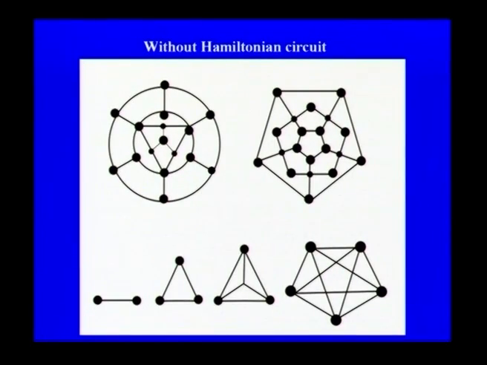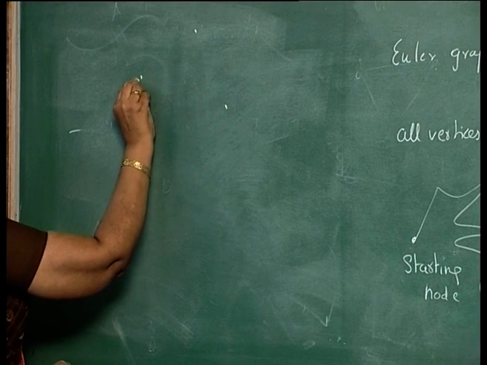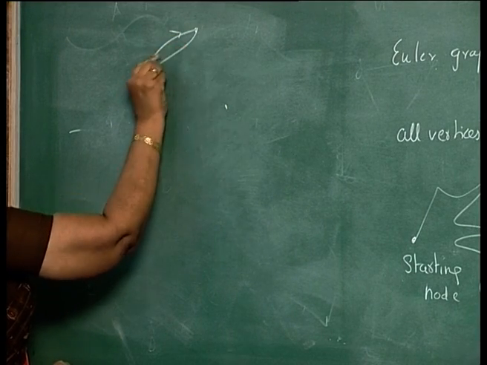A complete digraph we have seen. When we considered relations, we saw what is meant by a complete digraph. It represents a universal relation. For example, with 3 vertices, a complete digraph was like this.